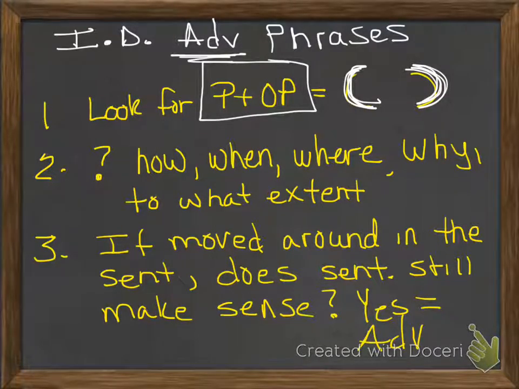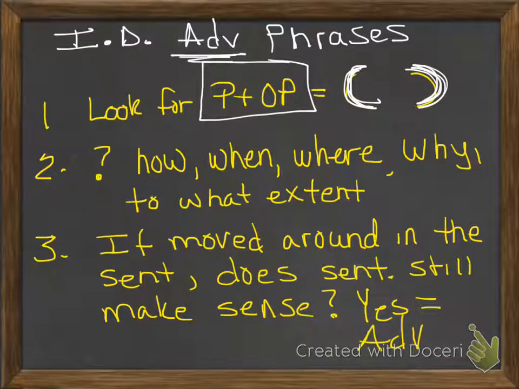Next, always go to the core of the sentence, the verb, and ask how, when, where, why, to what extent or degree, and see if your prepositional phrase answers those questions.